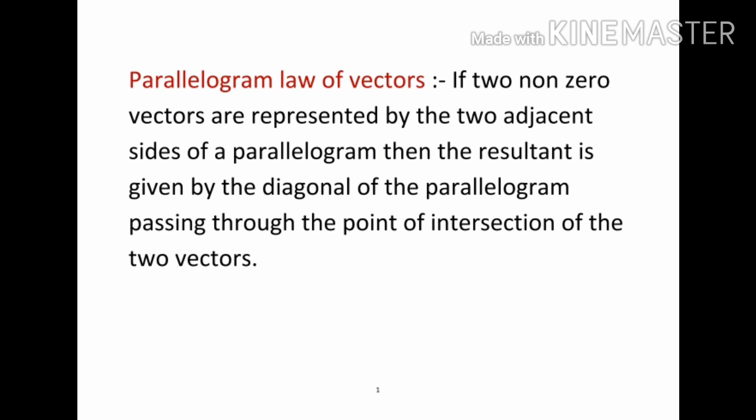So first we concentrate on the parallelogram law of vectors, and its statement can be given as: if two non-zero vectors are represented by the two adjacent sides of a parallelogram, then the resultant is given by the diagonal of the parallelogram passing through the point of intersection of the two vectors.